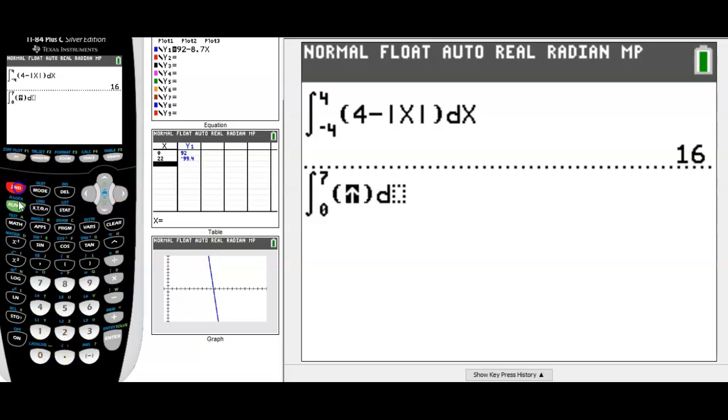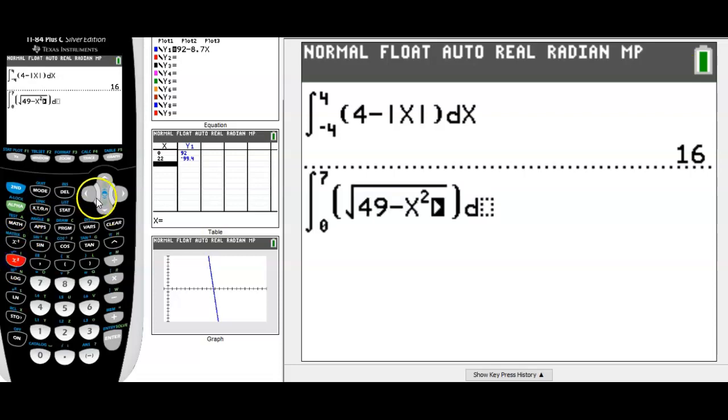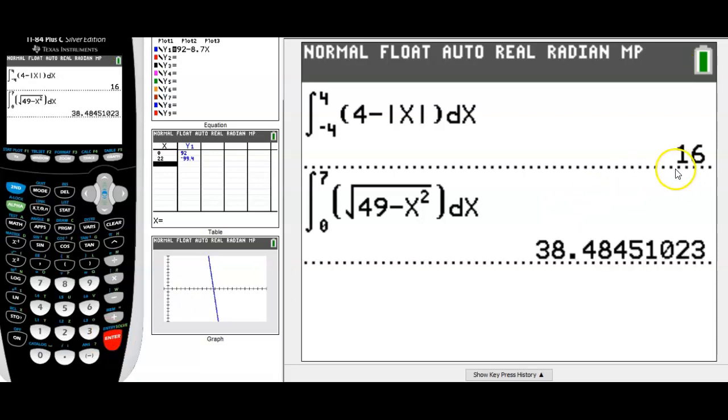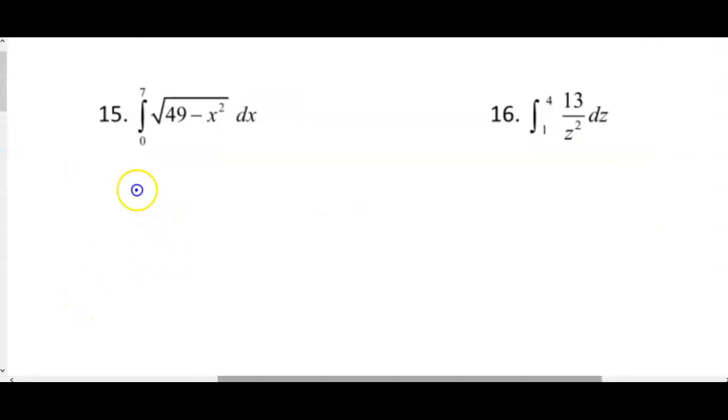The square root of 49 minus x squared right there. There we go. 38.48. And I'm just going to write the answer for this one. You can punch it in and get that answer right there.